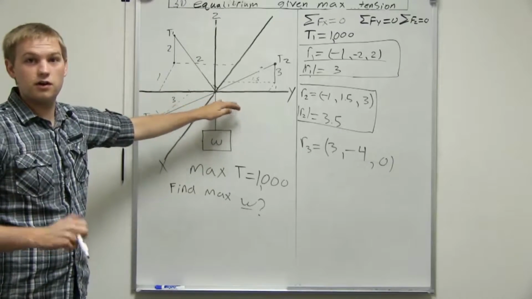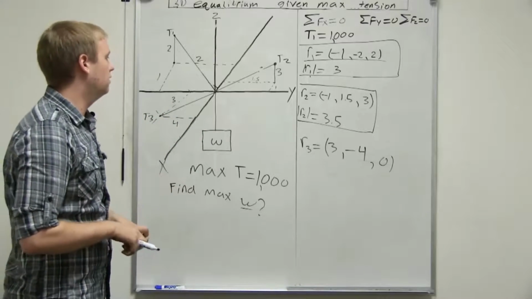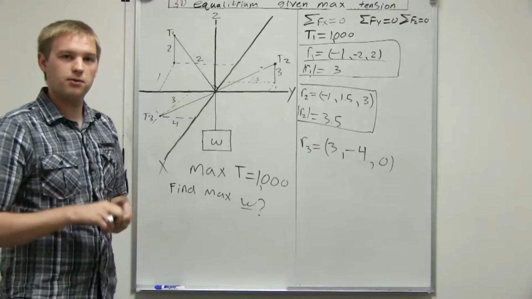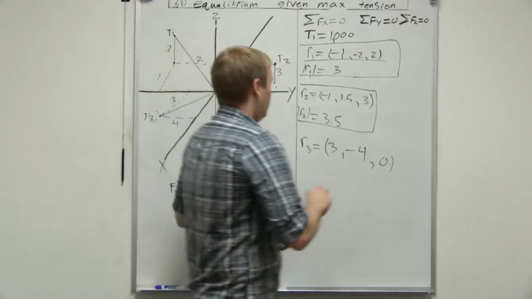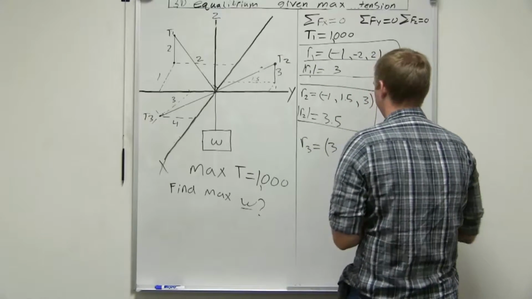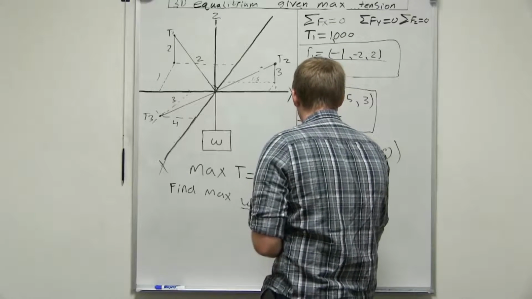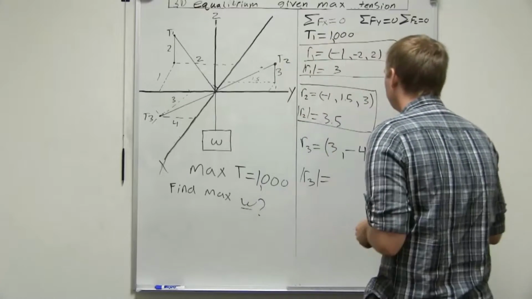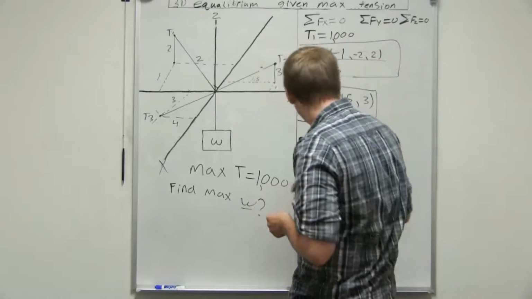Say initial is 0, whatever. You can do that if you want. It may work easier for some people, but I just count how far back it goes. Okay, so now we need the magnitude for our tension 3, and that is 5.